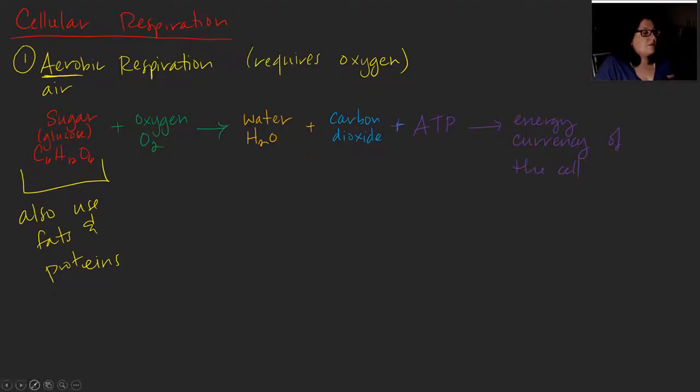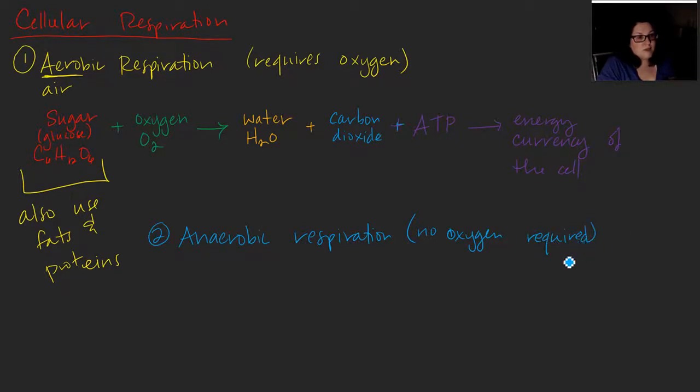Now, we also have another type of cellular respiration called anaerobic respiration. I'm going to do it over here. And this does not require oxygen. No oxygen required. So we call this process, also we call it fermentation.